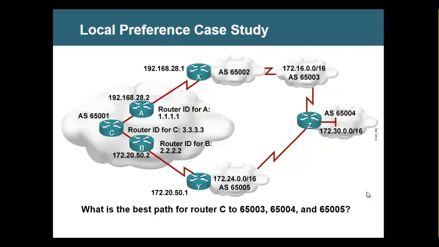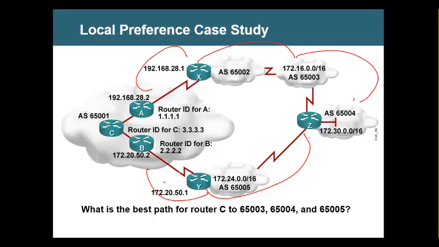Please answer. Y. Why? Going via X, it will pass through two autonomous systems. Y is only a single hop. Actually, two hops in total, whereas going via X is three hops. So going via Y is the best.